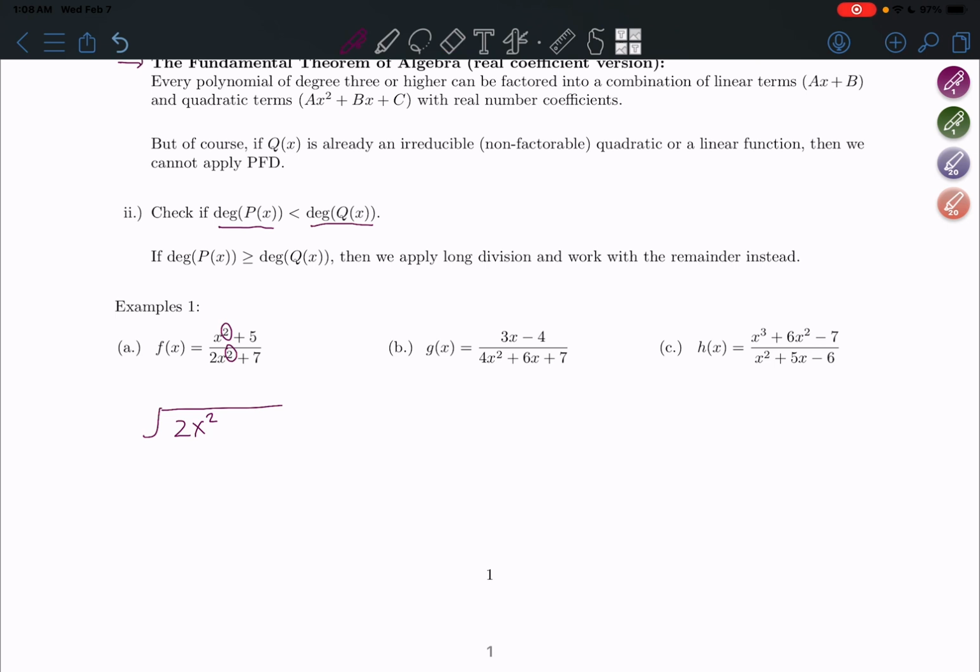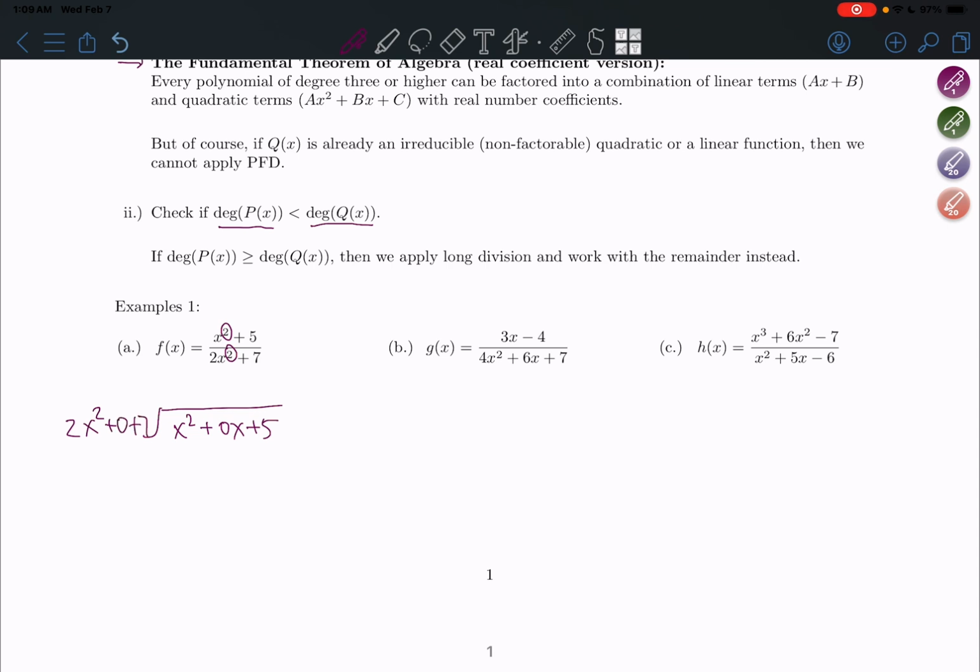This one, you don't technically need to, but I'm going to put it anyways, just to remind you what placeholders are. This is the dividend, so 0x plus 5. And then the divisor is 2x squared plus 0 plus 7.